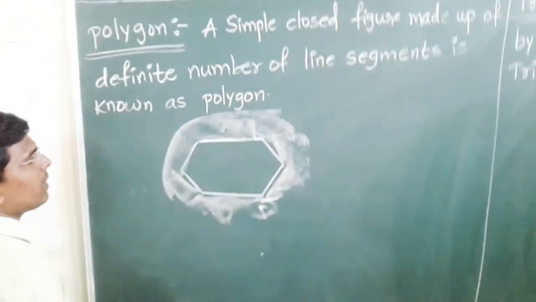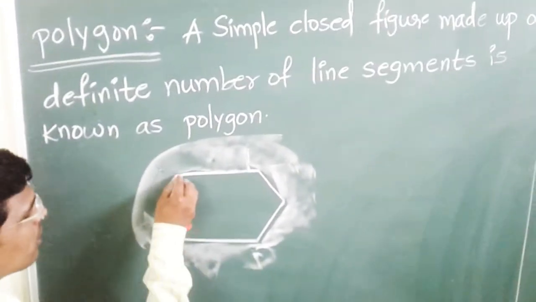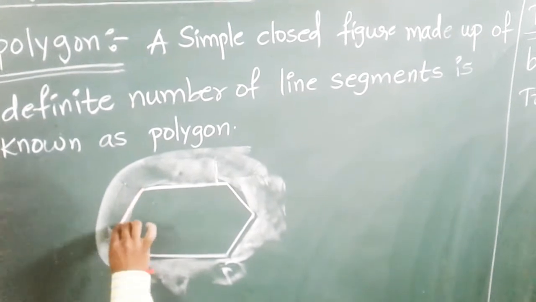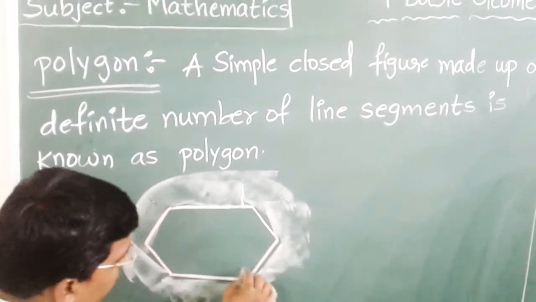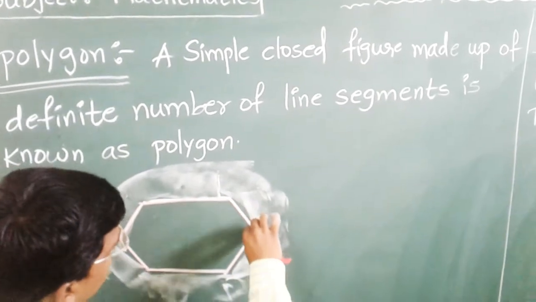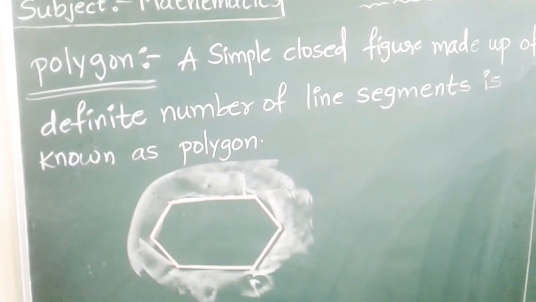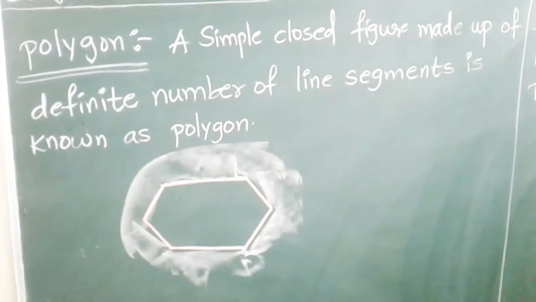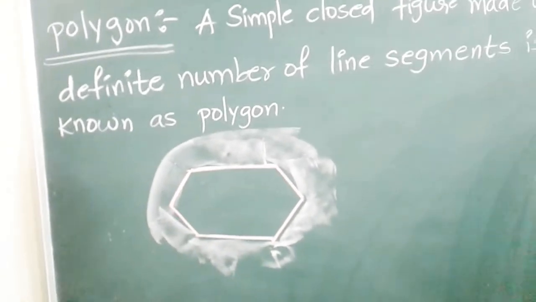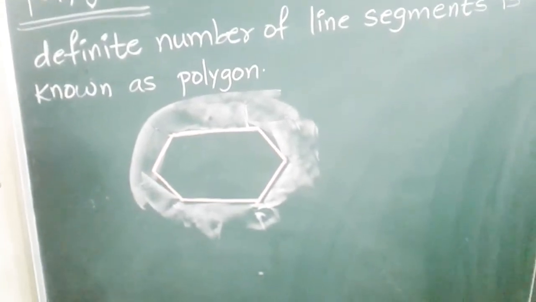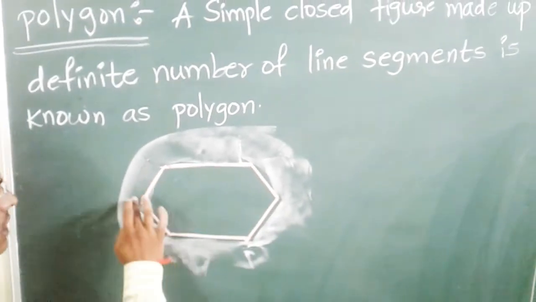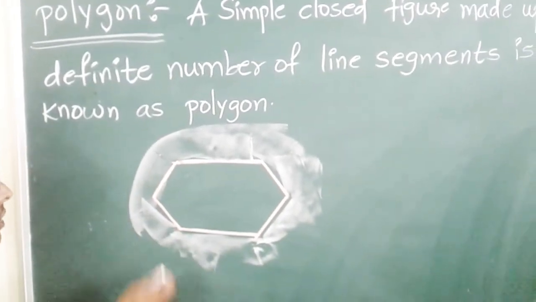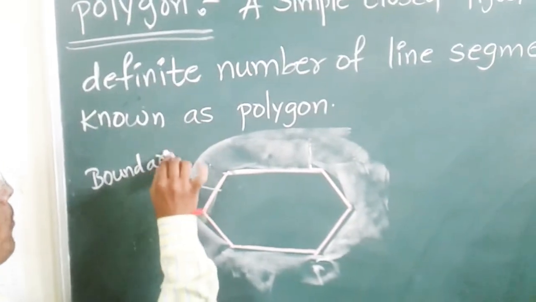So this is an example for a polygon. It consists of one side, 2 line segments, 3 and 4, 5 and 6. So this is the figure which is formed by 6 line segments, so we can say it is a polygon. This red color zone is known as the boundary of a polygon.